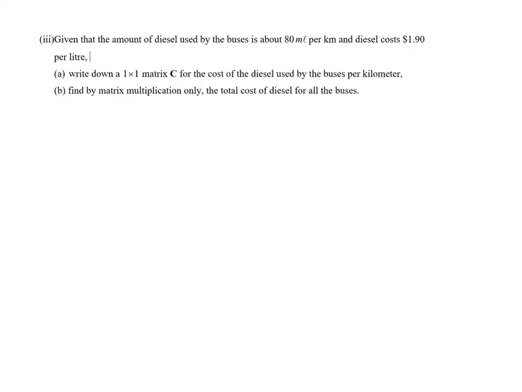It's given that the amount of diesel used by the buses is about 80 ml per kilometer and diesel costs $1.90 per litre. Write down a 1-by-1 matrix C for the cost of diesel used by the buses per kilometer.